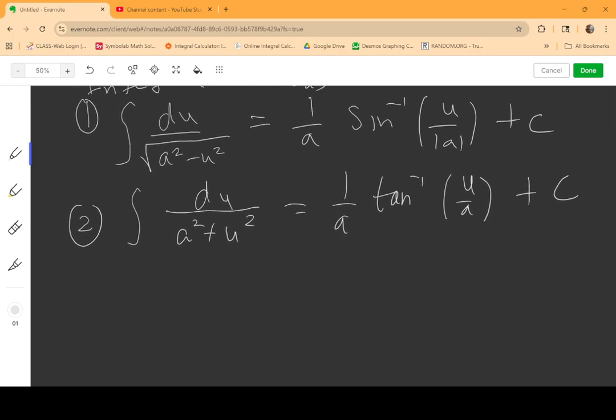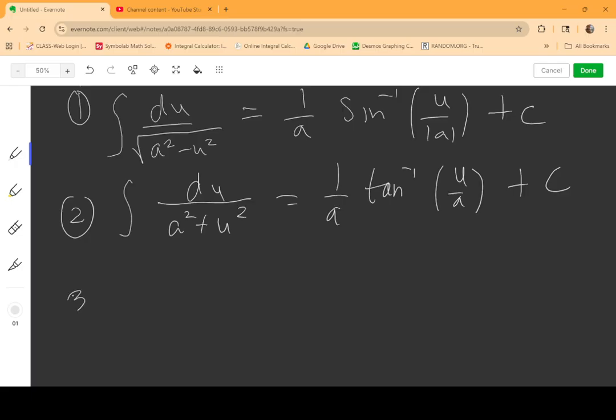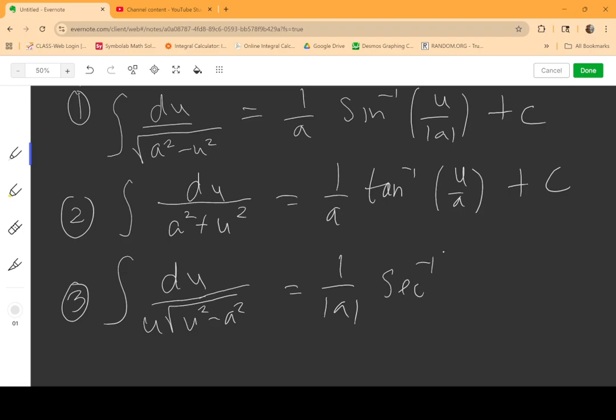And then lastly, the third one, the integral of du over u square root of u squared minus a squared is equal to 1 over the absolute value of a secant inverse of the absolute value of u over a plus c.